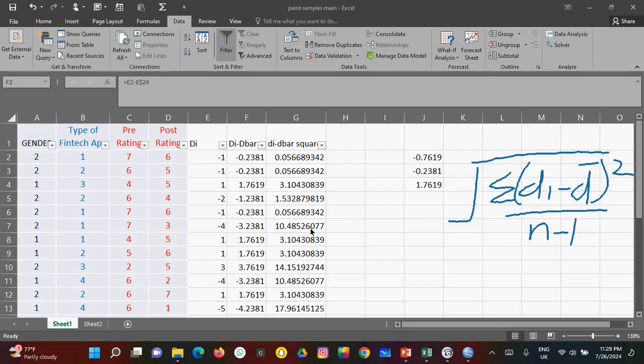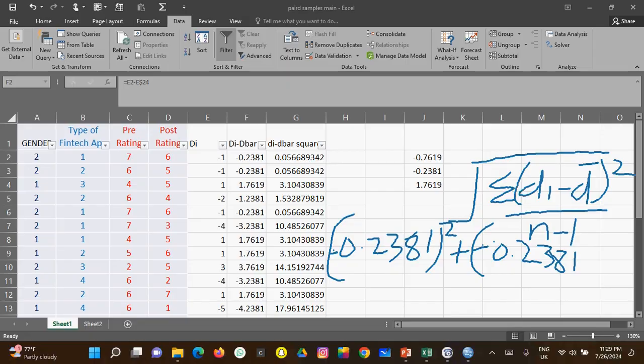So it is more or less like negative 0.2381 squared, plus the same thing, negative 0.2381 squared, plus the next one, 1.7619 squared, as it follows, like that and like that.